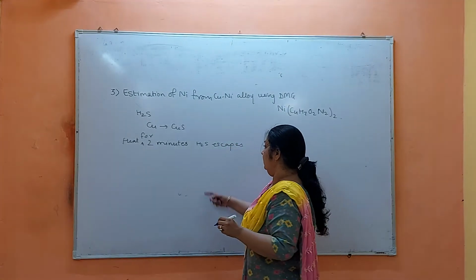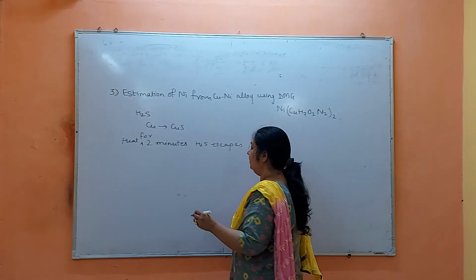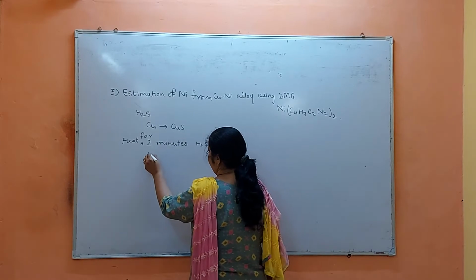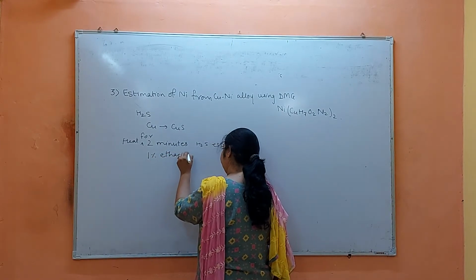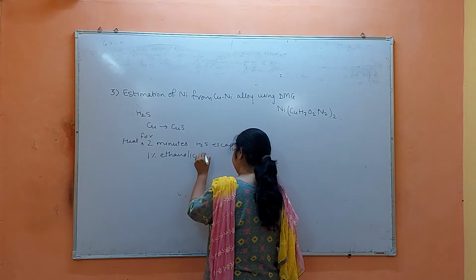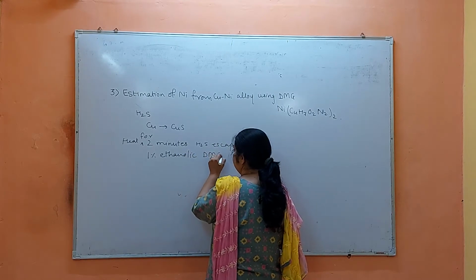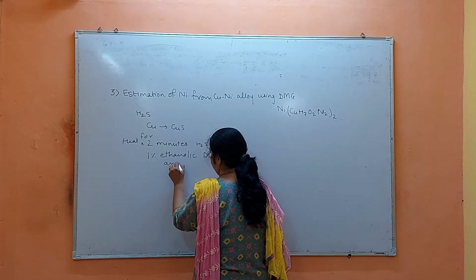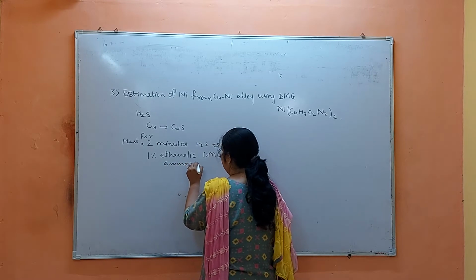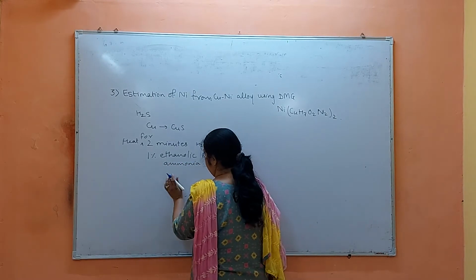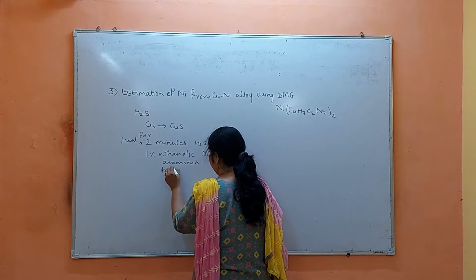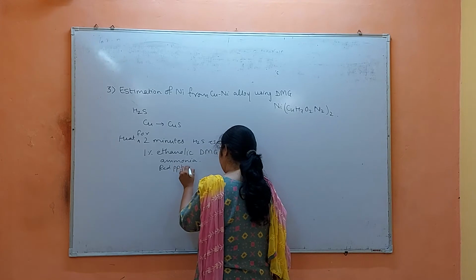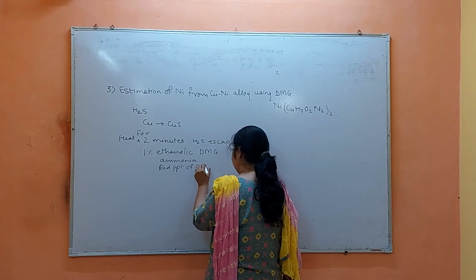Then you have to treat it with 1% ethanolic DMG, followed by addition of ammonia, till a pink or red colored precipitate of NiDMG is formed.